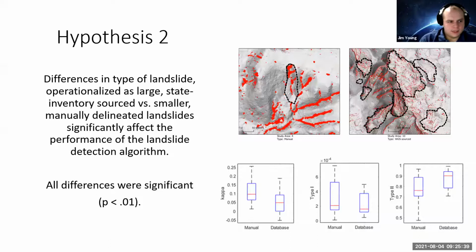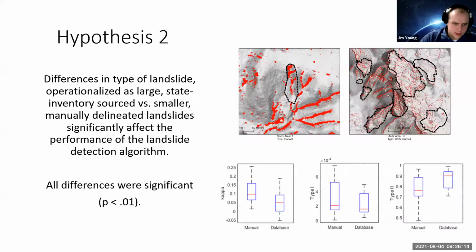Then we get to hypothesis 2, which focused on differences in type of landslide, large versus small, and how it affected the algorithm. The results came back that all differences were significant. You can see that kappa for the manual is twice as high as the database, and type 1 and type 2 are also a little better for the database, but your type 2 error is much lower with the manual.